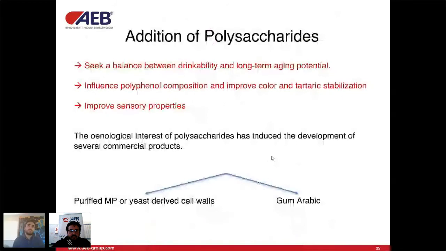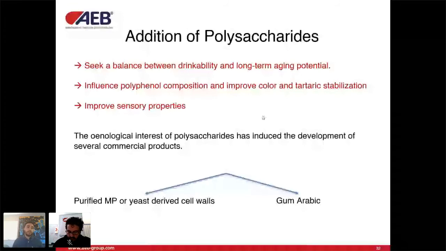So also, in addition to the phenolic compounds, addition of polysaccharide is allowed in wine, and you add polysaccharide to seek a balance between the drinkability and the aging potential, to improve color and tartar stabilization, and also to improve the sensory properties such as mouthfeel and viscosity.